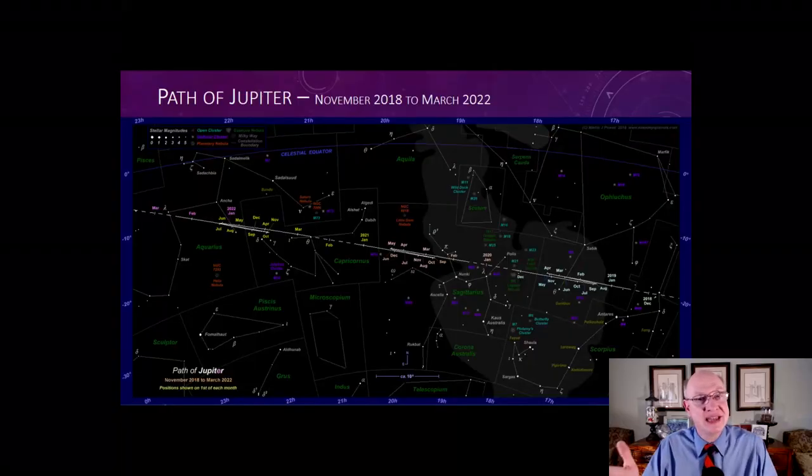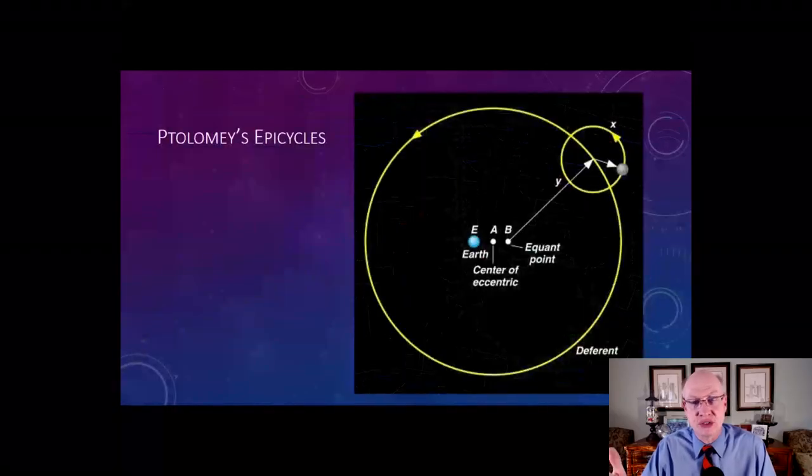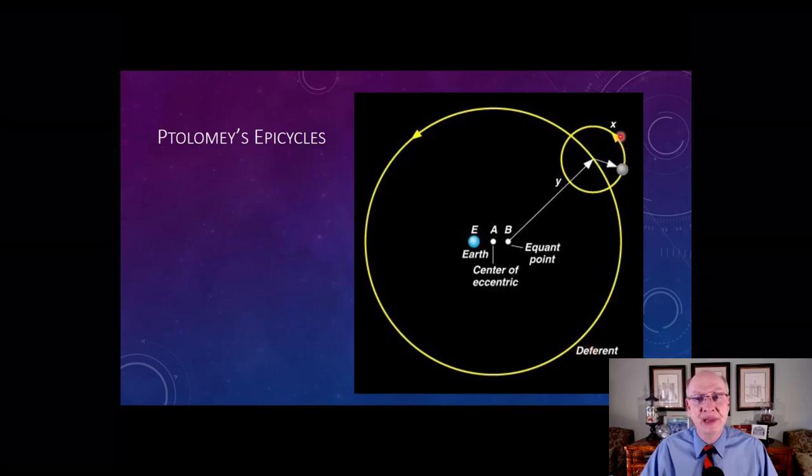But the Greeks did not believe that the Earth was orbiting the sun. The Greeks believed the Earth was at the center. A variety of Greek scientists, Hipparchus and Ptolemy, amongst others, developed an idea with the Earth at the center of the universe, the planets orbiting the Earth on a circle called the deferent, and then the planet itself orbiting the deferent on a small circle called the epicycle.